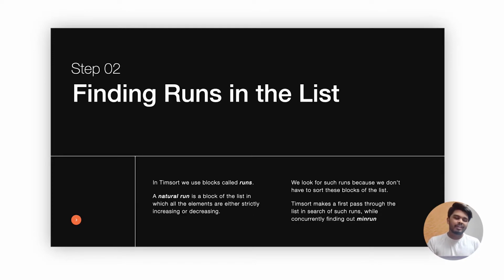Well, when we find runs, the size of the run can be anything from 2 to n. But if there are a lot of runs of 2 elements, then Timsort won't really be an optimization because it will be exactly the same as insertion sort. So there's a condition. The size of each run should be at least equal to min run.